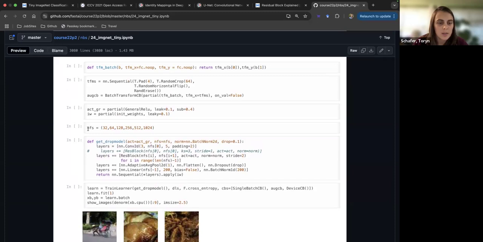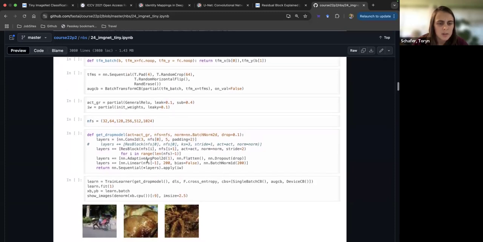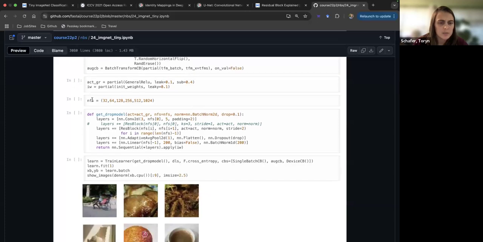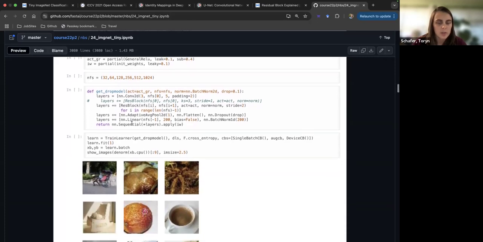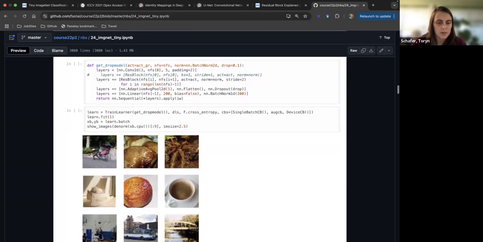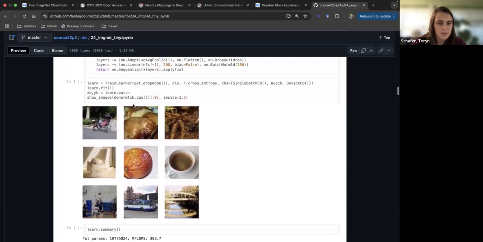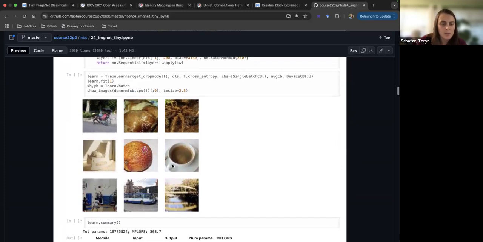Okay. And then these are sort of the number of, I believe, filters or features. And then this is the model definition. So we have convolution into a residual block, average pooling, linear, etc. Okay, so these are some of the inputs, looks like X, and this is from one batch.